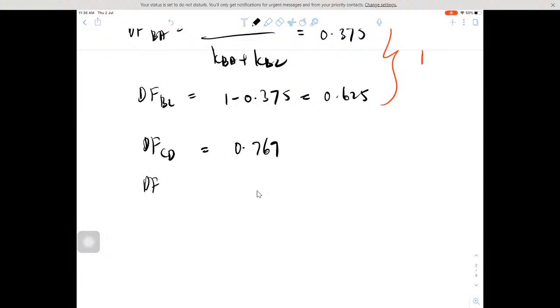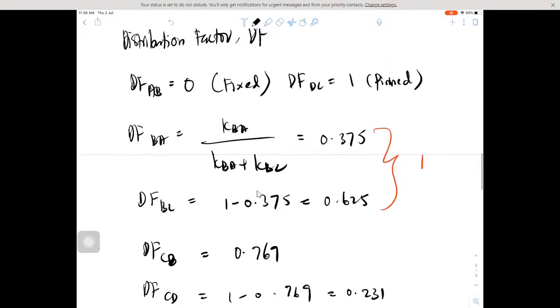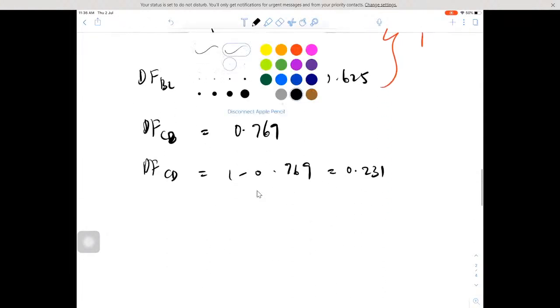This is for CB. DFCD is 1 minus 0.769, which is 0.231. So this is the distribution factor.